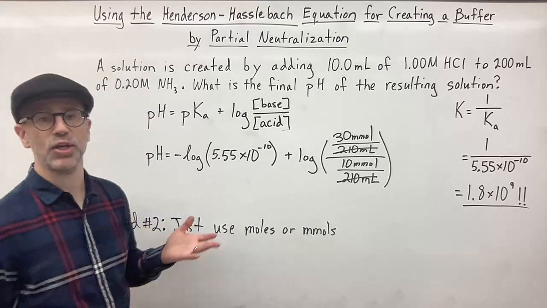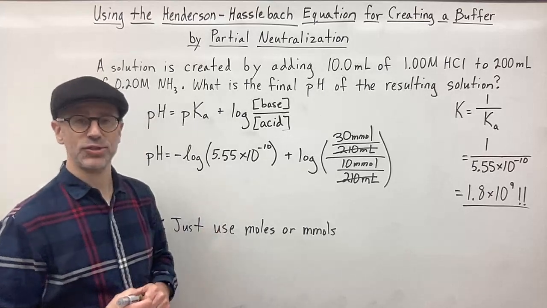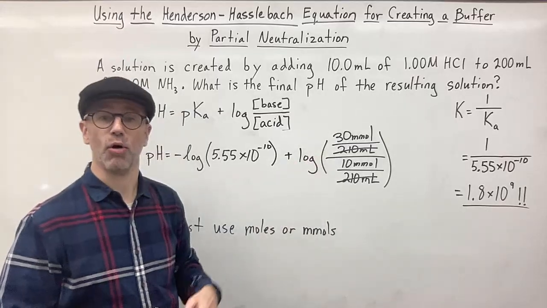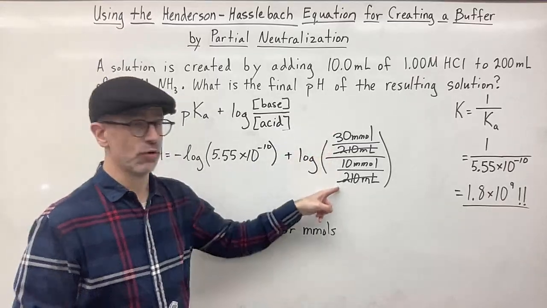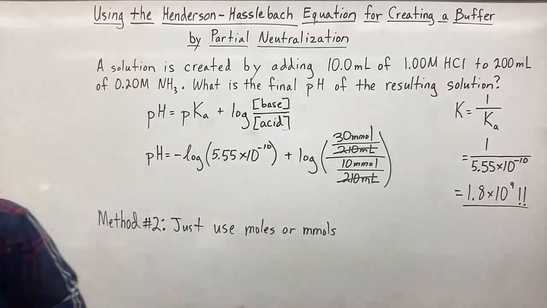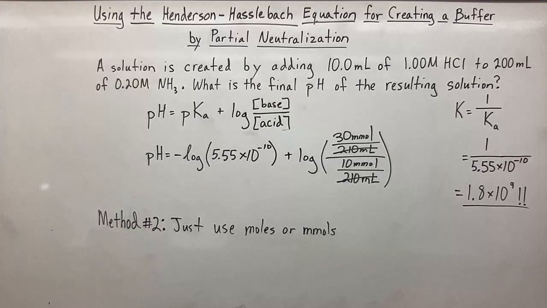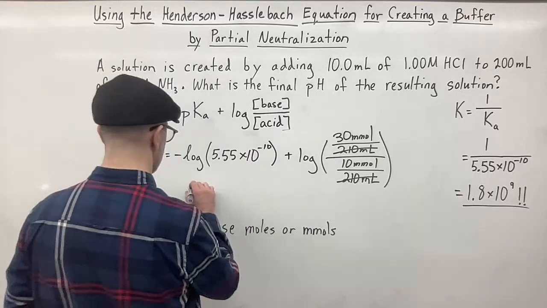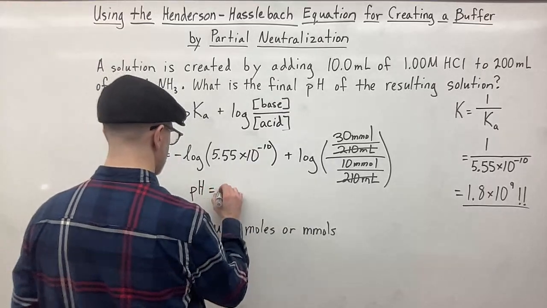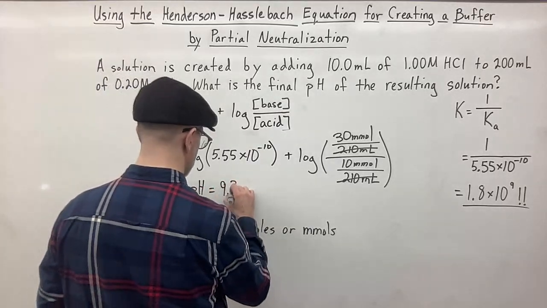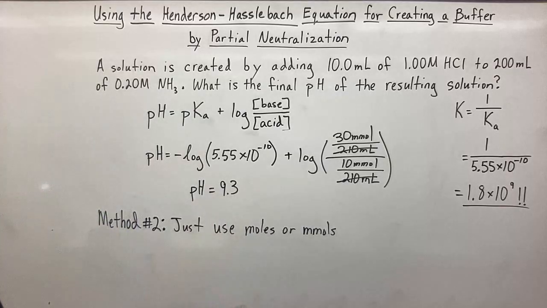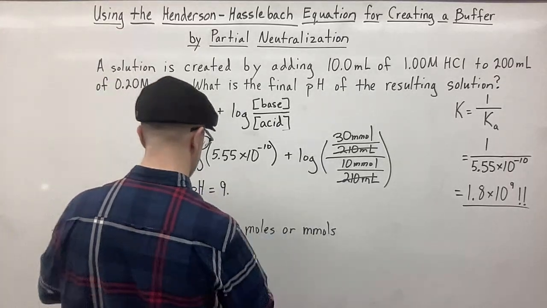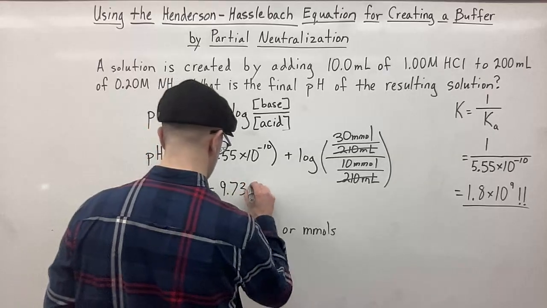So basically, you can get the same answer by just plugging in the millimoles of the base over the acid, and when you calculate that out, again, you get the pH is equal to 9.730.